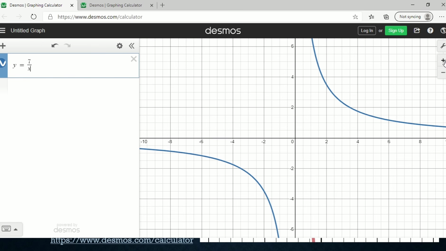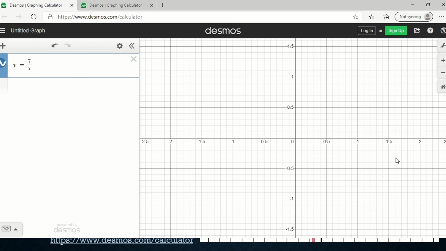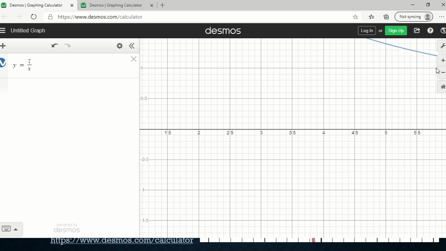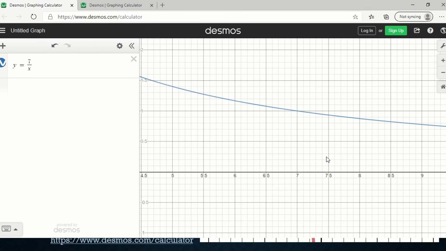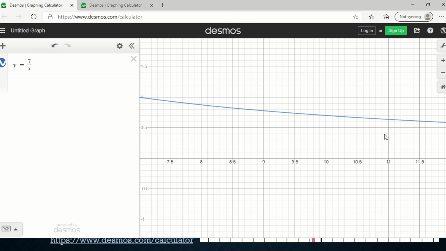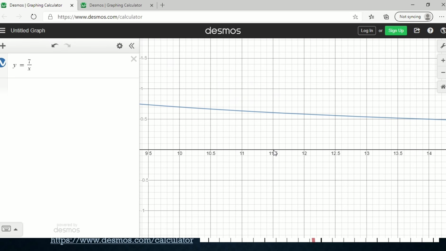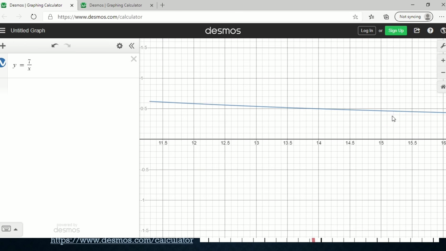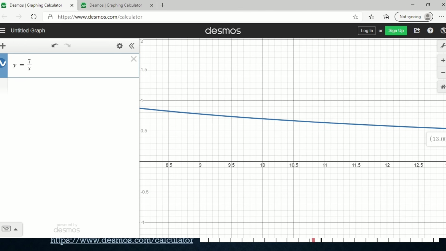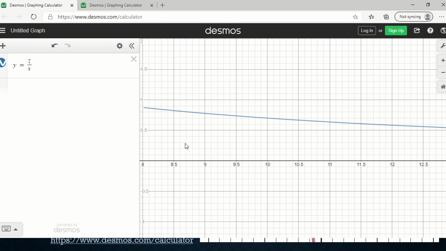So, kapag nilakihan natin yung graph, sabi kasi 'di ba, yung graph daw natin ay hindi magta-touch dun sa horizontal and vertical asymptote natin. So, kapag nilakihan nyo yan, since ito yung vertical asymptote natin, x is equal to 0, so hindi magta-touch yung graph natin dyan. Ganun din sa horizontal asymptote natin.